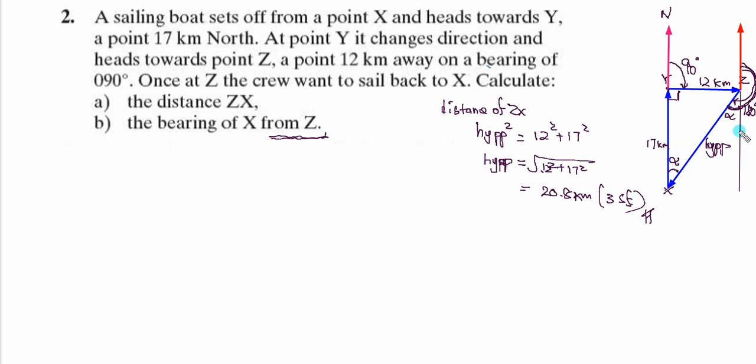Why? Because this line is also parallel. This is the vertical line, the line that points north. So this line and this line are parallel. In other words, this angle and this angle are the same. They are actually alternate angles. So this angle is inside the right angle triangle.